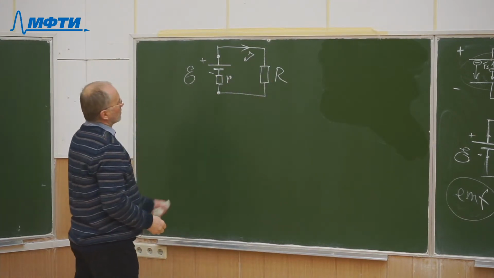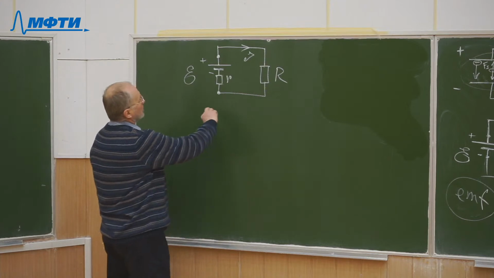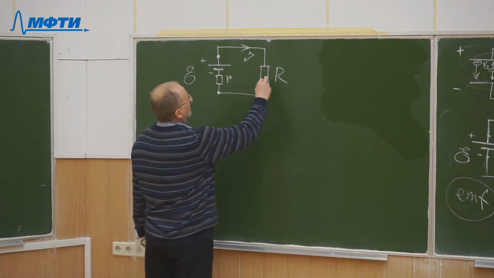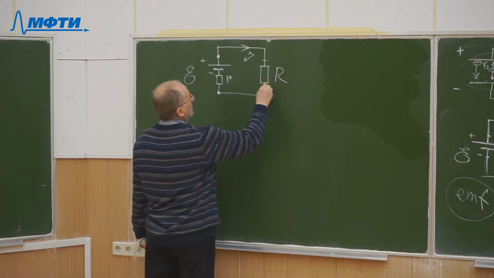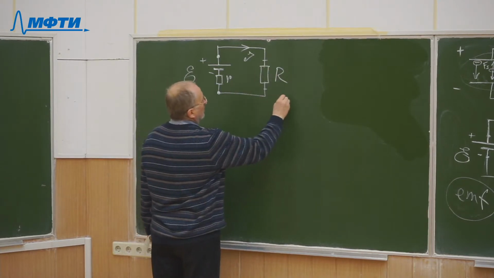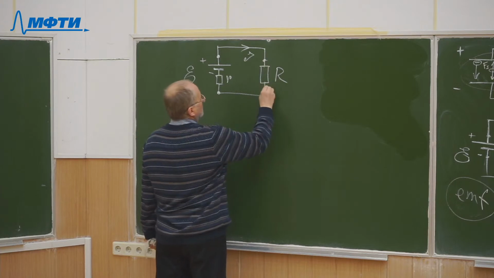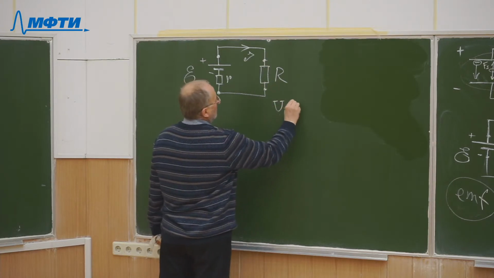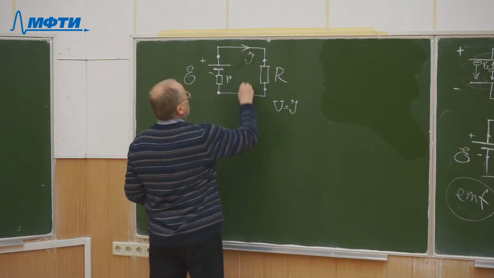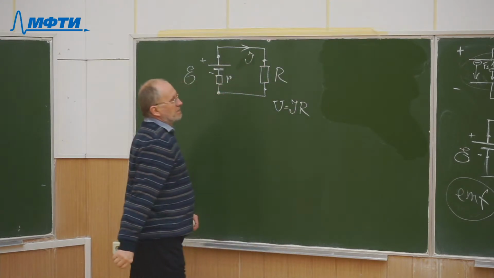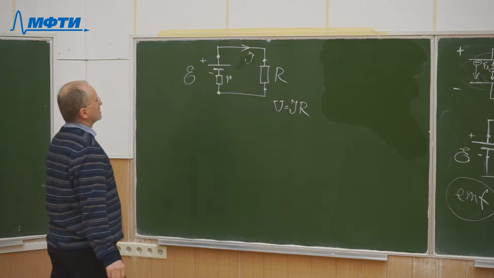And so we can write for this circuit that the potential difference on the external resistance, potential difference here between these 2 points, will be the current strength, or the strength of electric current, times resistance.